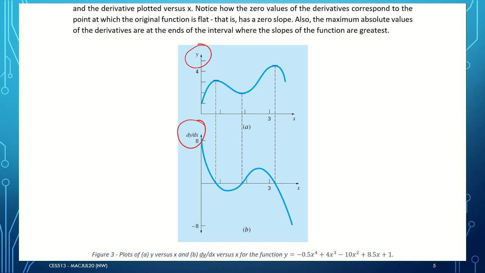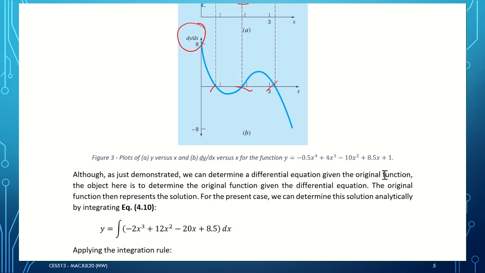Notice how the zero value of the derivative corresponds to the flat, or zero slope, of the original function here. Okay, so the maximum absolute values of the derivative are at the ends of the interval, where the slope of the function is the greatest.